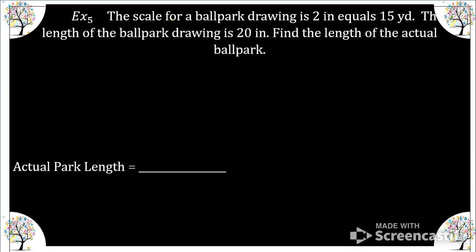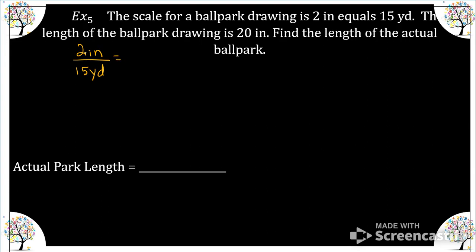Okay. The scale for a ballpark drawing is 2 inches equals 15 yards. So we have 2 inches in the drawing represents 15 yards for the actual ballpark. The length of the ballpark drawing is 20 inches. Find the length of the actual park.